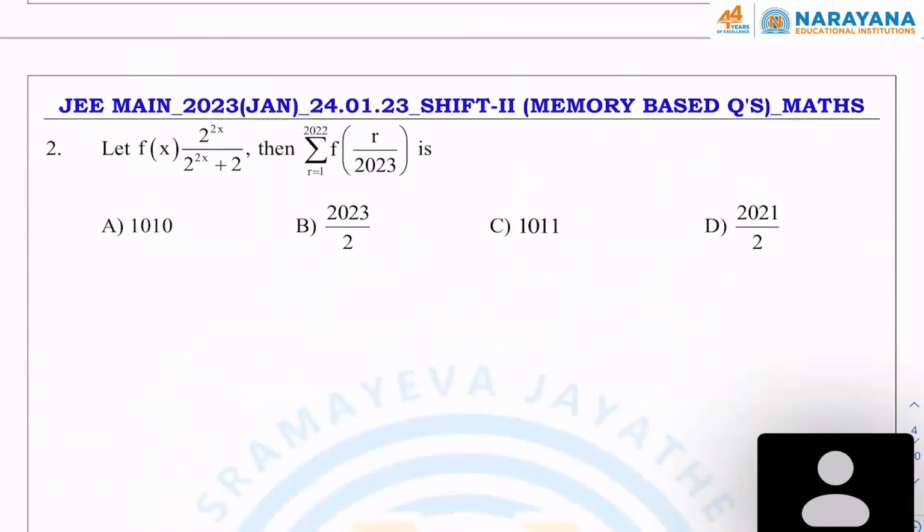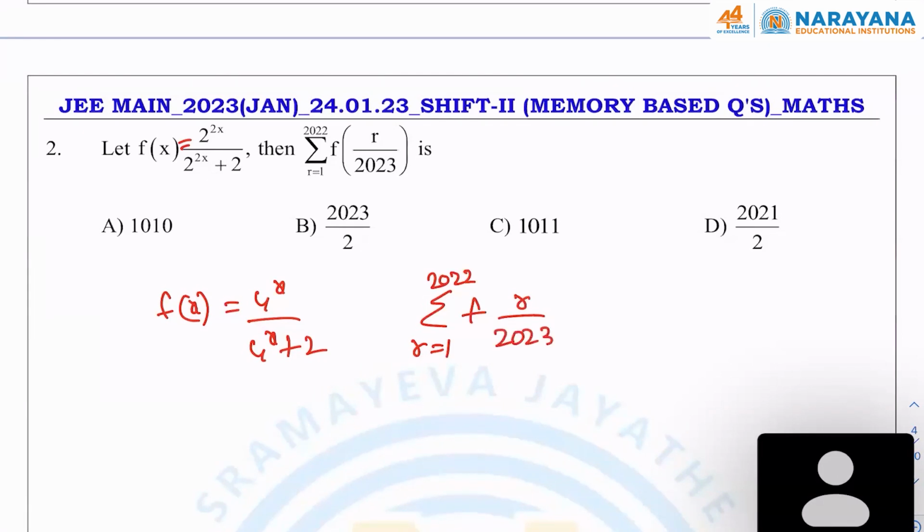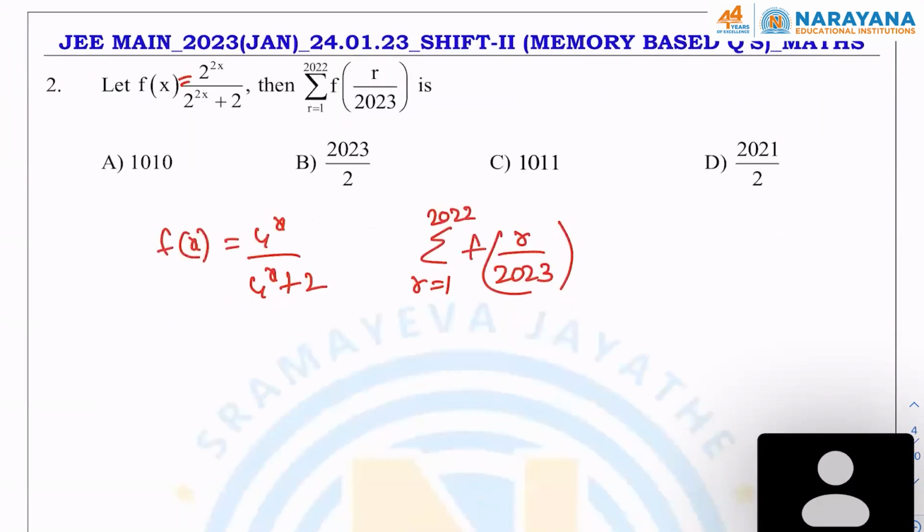Next one, f of x is equal to 2 power 2x. So I can write it as 4 power x by 4 power x plus 2. And here they are asking the sigma r is equal to 1 to 2022 of f of r by 2023. So here we can prove that f of x plus f of 1 minus x is equal to 1.